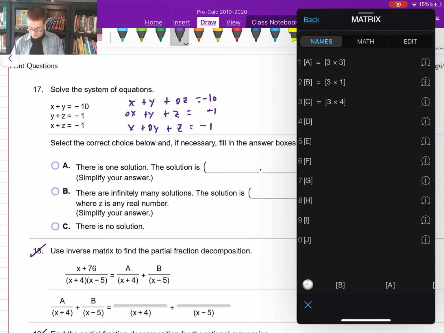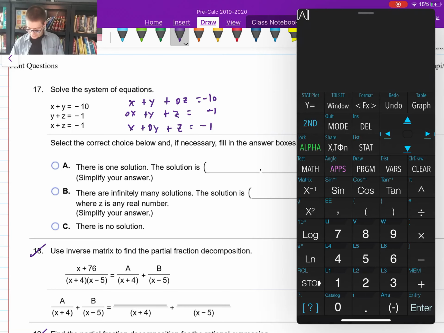Let's go back to matrix. We'll use edit. We'll go back to A and we'll do 1, 1, 0, and 0, 1, 1, and then 1, 0, 1. And then we will quit, and then we will go inverse of A. We're going to multiply that by B once we get the B.